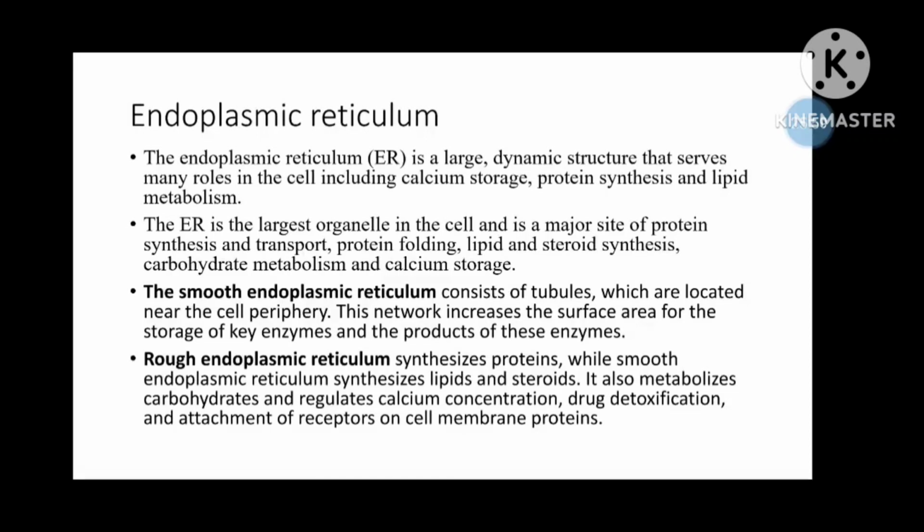Next is your endoplasmic reticulum. Endoplasmic reticulum is a dynamic structure and serves many roles in the cell, including calcium storage, protein synthesis, and lipid metabolism. The endoplasmic reticulum is the largest organelle in the cell and the major site of protein synthesis and transportation, protein folding, lipid and steroid synthesis, carbohydrate metabolism, and calcium storage.